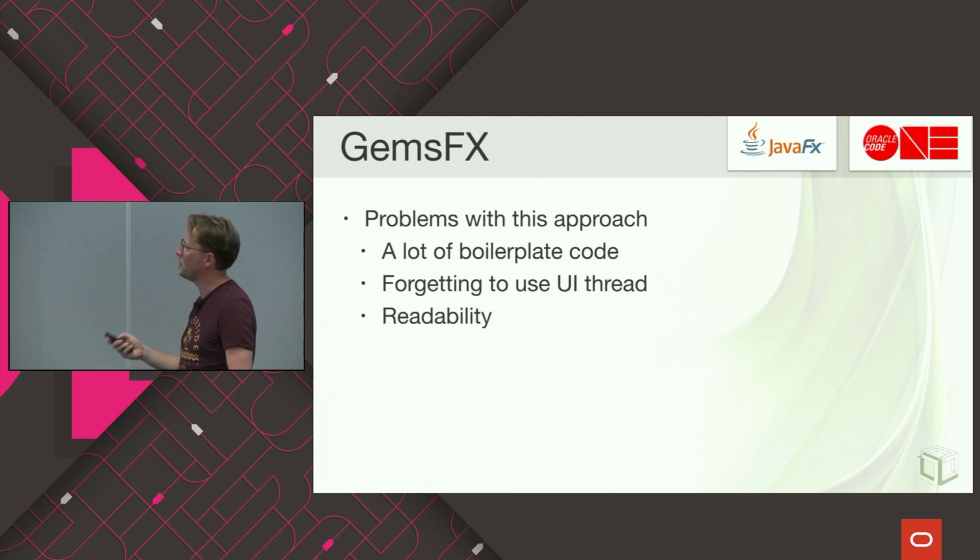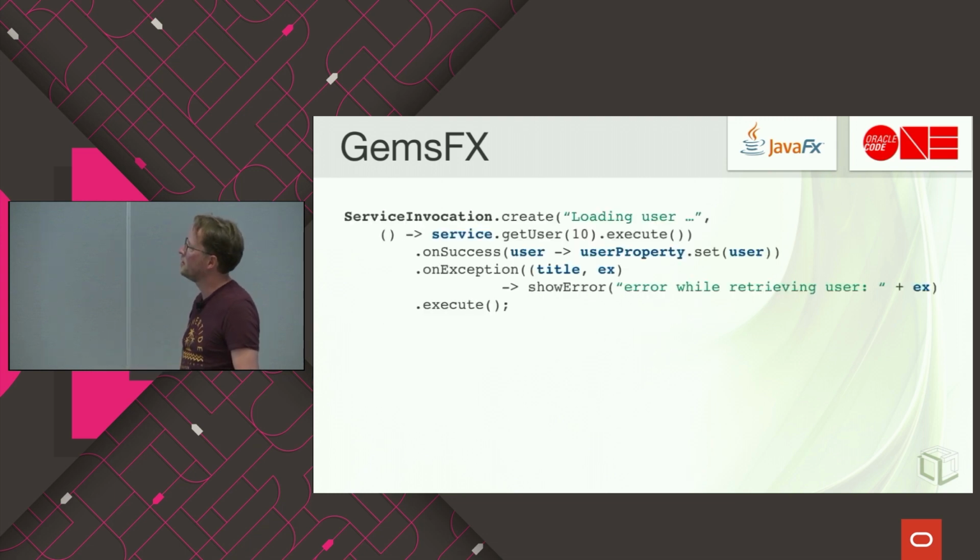Okay, we can get better at this. So in GemsFX, you will find a class that is called ServiceInvocation. And you just call ServiceInvocation.create. You pass in the title or some text that you can then reuse, for example, in the status bar of your application, in this case, "loading user". And you pass in a Lambda expression that invokes the interface method, the getUser, and execute.